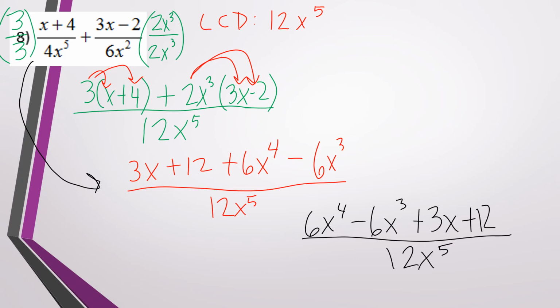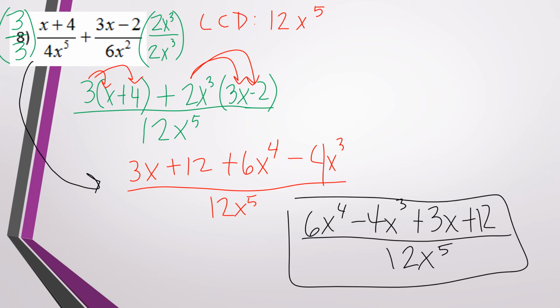Oh, that's because I messed this up here. This should be 4x to the 3rd, not 6. 4x to the 3rd. Okay, so none of those have a common number that they can be divided by, so this is my final answer.